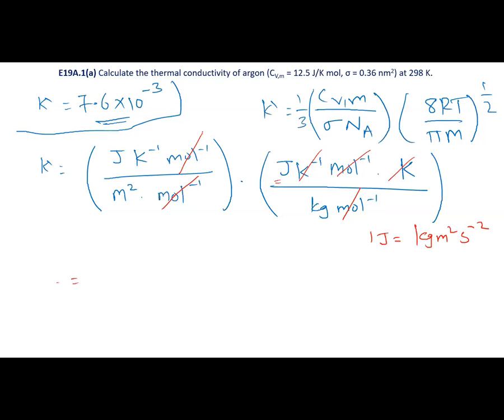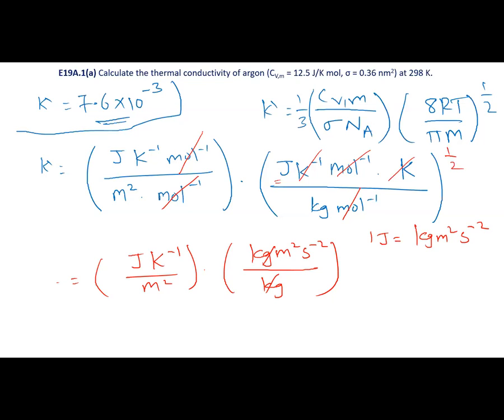So once we do that, it becomes joule per Kelvin over meter squared, times kilogram meter squared per second squared over kilogram. Okay, I just forgot about this, we still have a half.